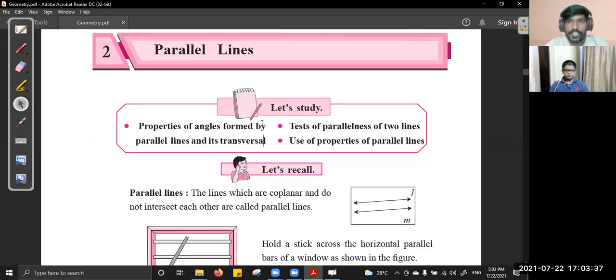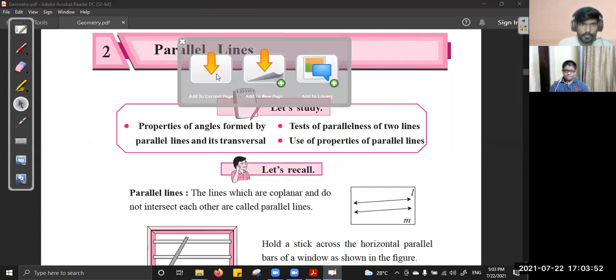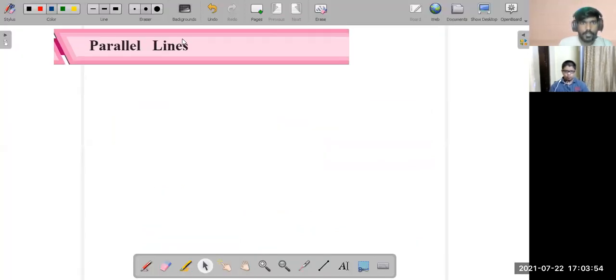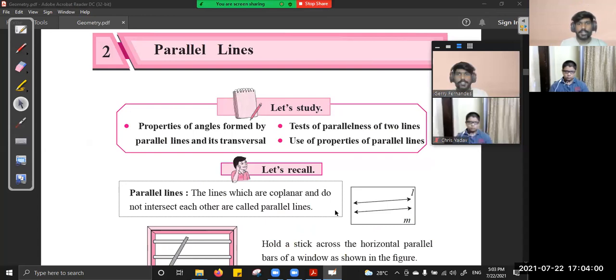We'll start with the second chapter of geometry, parallel lines. So the very basic definition will start, and that is the definition of parallel lines.